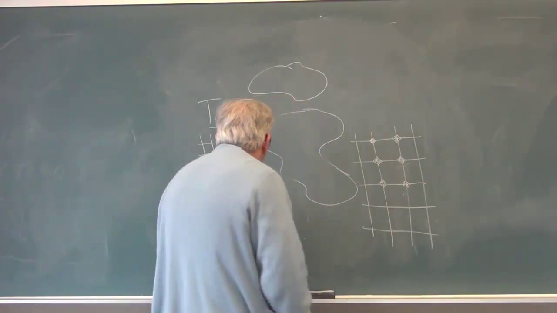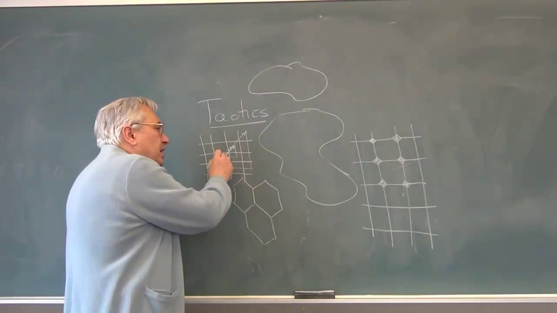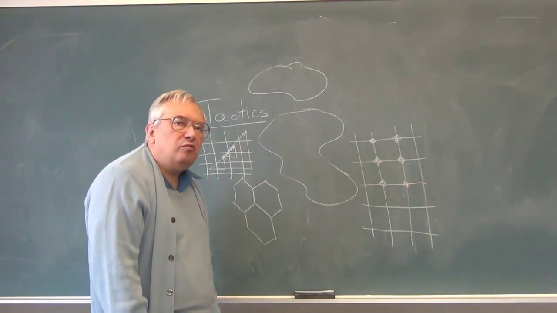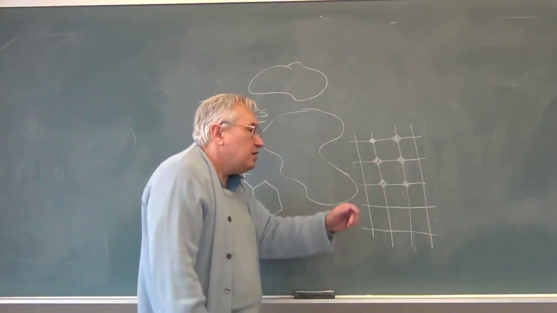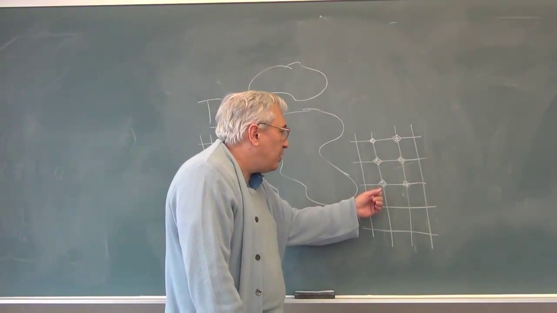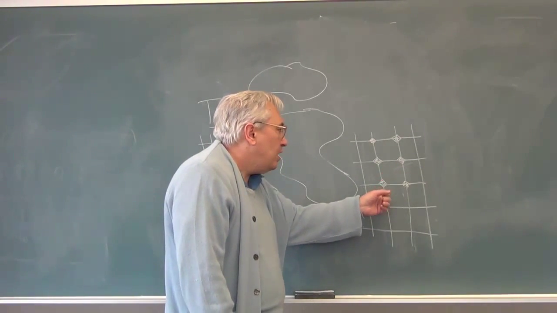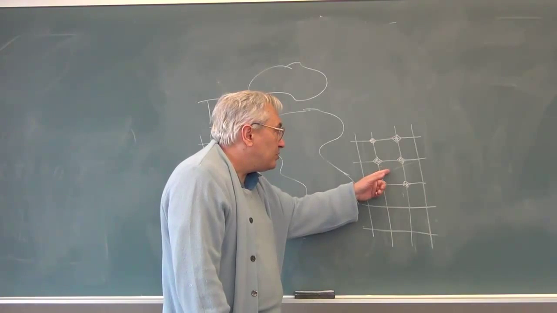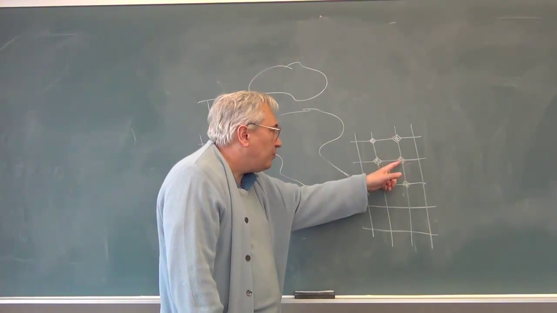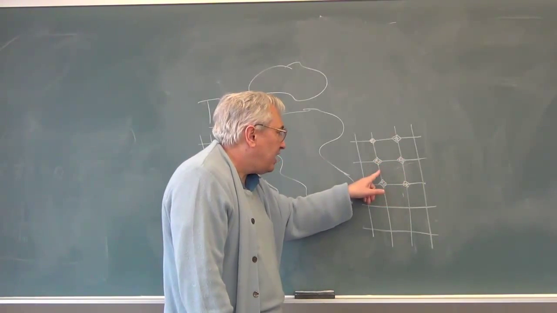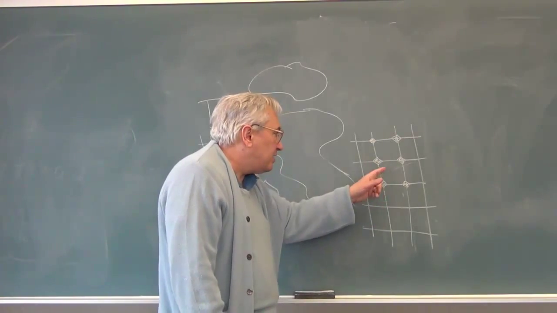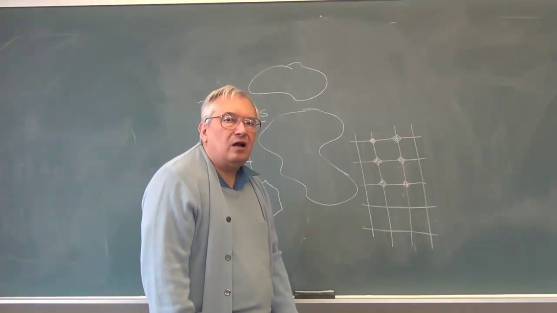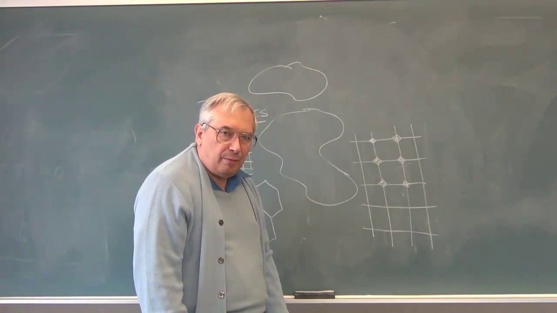Well, if back here you want to forbid diagonal movement, the little squares eliminate the question of whether you can get from here to there. You notice it's now an octagon, 1, 2, 3, 4, 5, 6, 7, 8 sides. This octagon and that octagon are not adjacent to each other.